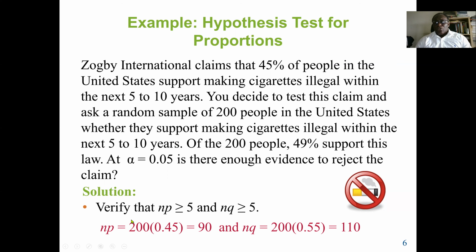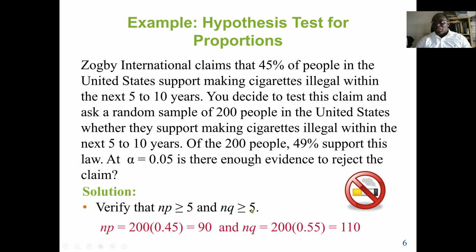First thing we do, of course, is verify that we can test. Testing will be based on the sample size. If NP is greater than or equal to 5, and NQ is also greater than or equal to 5, then we can continue. Everything depends on the sample, and a large sample size is surely going to give NP and NQ greater than 5.